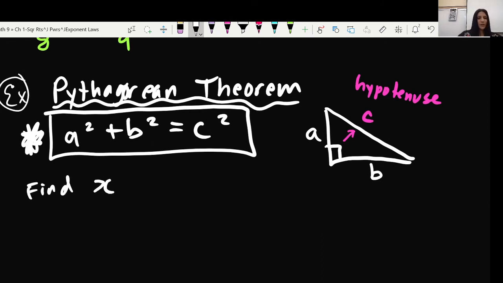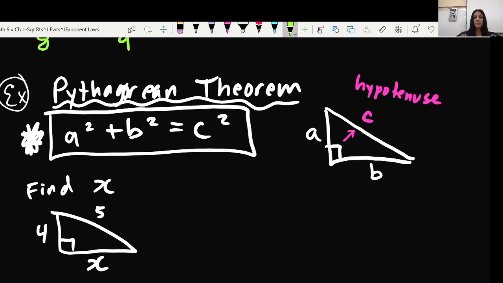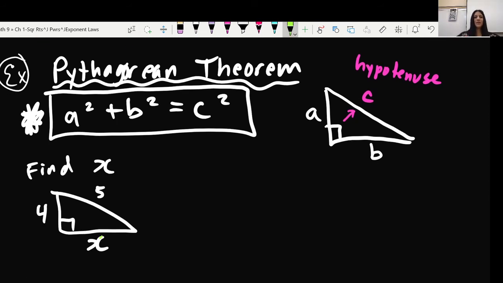So then if you are asked to find x and you have a triangle that is given to you that looks like this, we want to take our knowledge of Pythagorean theorem and use that to figure out this missing side here. So let's figure out how to apply this.